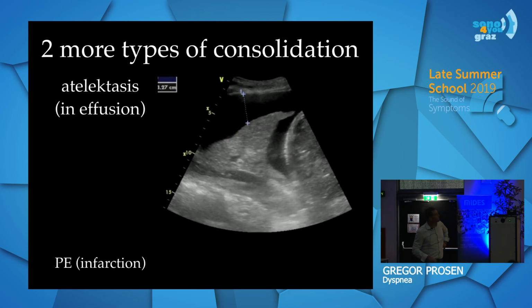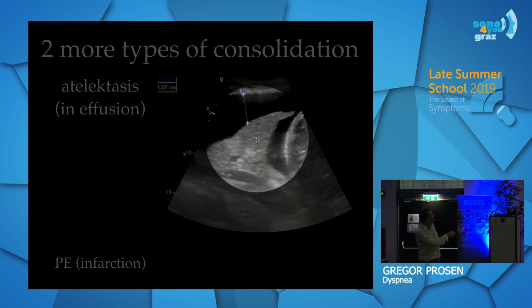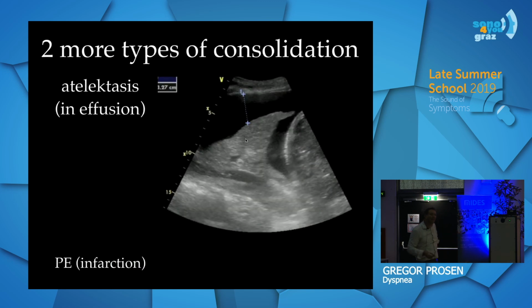Two more types. One is atelectasis. Atelectasis physiologically is something where the lung either gets squeezed and it squeezes the air out, or the bronchus is blocked and the air gets absorbed. Either way, it doesn't have bronchogram.